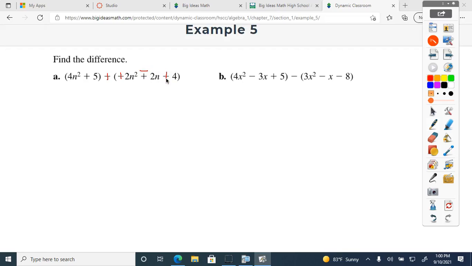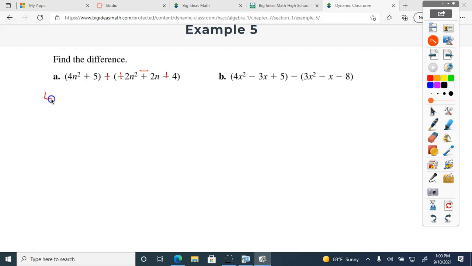Understand me. Everybody look at me. If I have something else out here that's outside the parentheses, I don't change that. It stays like it is if that happens. Everybody with me? You only change what's in the parentheses behind it. Okay? Now that I've changed everything, it's just like an addition problem.